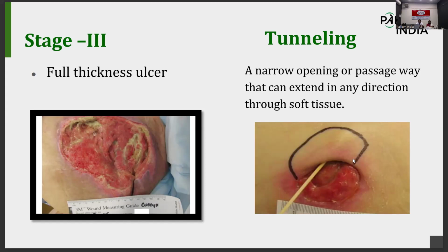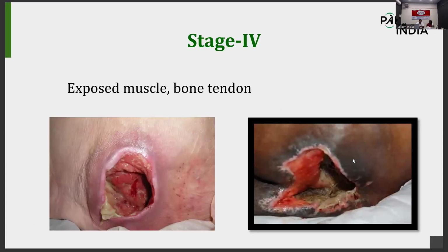All of you know about tunneling. We can measure the tunneling during the assessment, detailed measurements are taken for tunneling wounds, and day to day it is managed with dressings. That is stage 3.